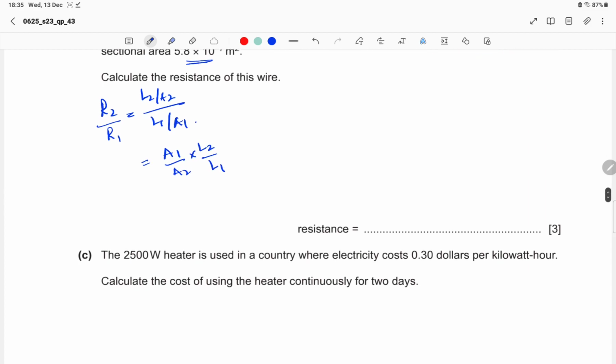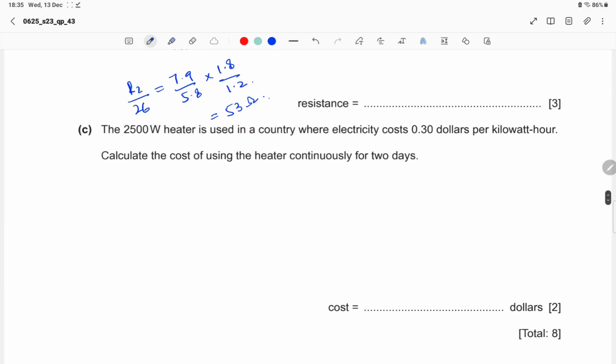Both have the same material, so R2 over 26 equals 7.9 divided by 5.8 times 1.8 divided by 1.2. These are the values given in your question, so 53 ohms is your right answer.